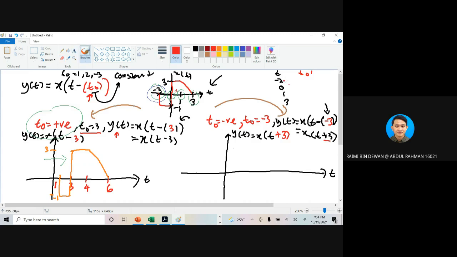Here, you have the new value of time, which is actually -5. Same goes for the rest. 0 minus 3, you will have -3. 1 minus 3 is -2. And then 3 minus 3 is 0.